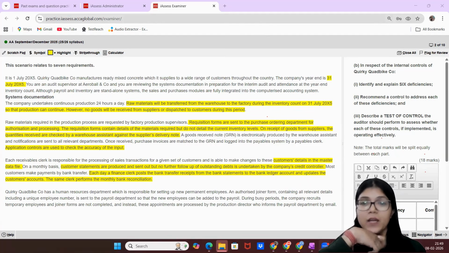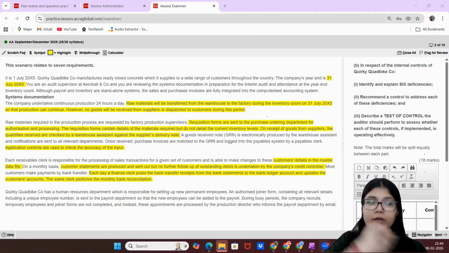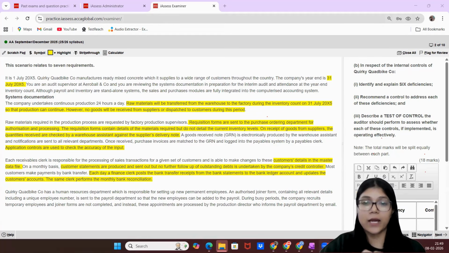Perfect. I'll give you a scenario, guys. The last line that is given to us says the same clerk performs the monthly bank reconciliation. Supposing this was not given, would this still be a segregation of duties issue, or would it be okay? It would be a segregation of duties error, because the same person updates the customer accounts as well.